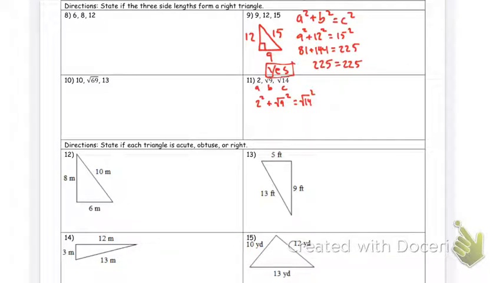And then let's do the math. So it's 4 plus, but you have to remember, square roots and powers of 2 cancel out. So you're just left with 9 equal to 14. 4 plus 9 is actually 13, and 13 is not equal to 14. So this is a no.